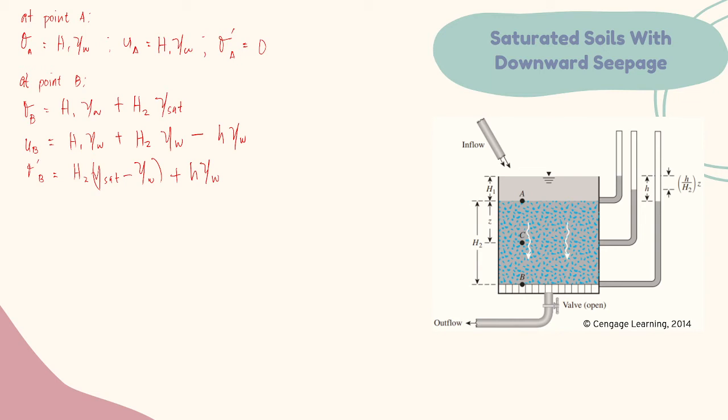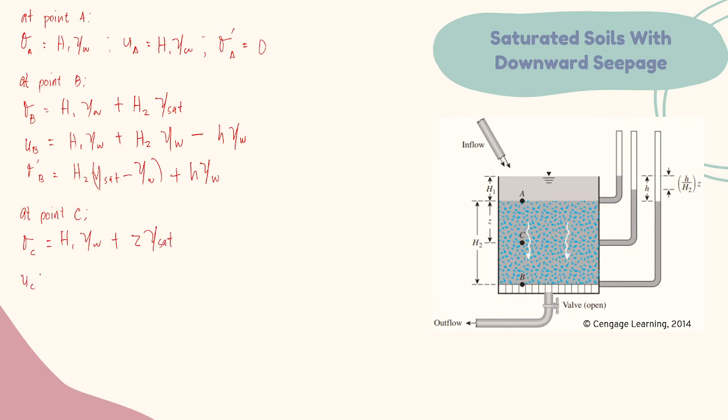So at point C, again, sigma sub C is equal to H1 times unit weight of water plus Z times the saturated unit weight.